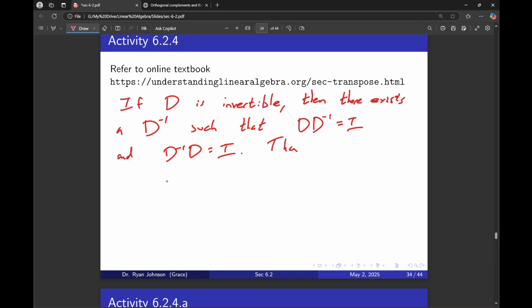And then I swap the order on this one, so D transpose times D inverse transpose equals identity. D transpose times this guy is the identity. What does that make this guy?